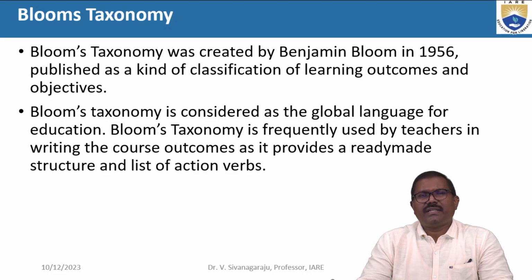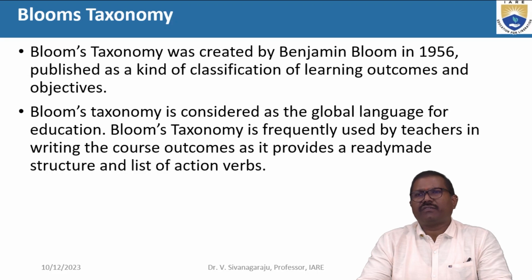When writing the COs, we must use some action verbs. The action verbs are defined by Bloom's taxonomy. Bloom's taxonomy was created by Benjamin Bloom in 1956, published as a classification of learning outcomes and objectives. Bloom's taxonomy is considered the global language for education.